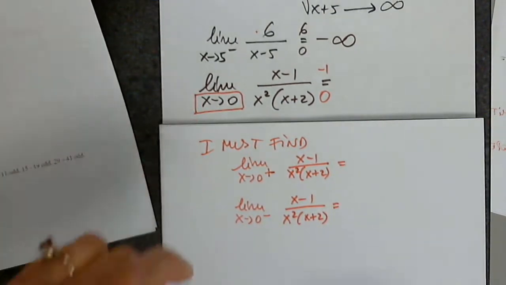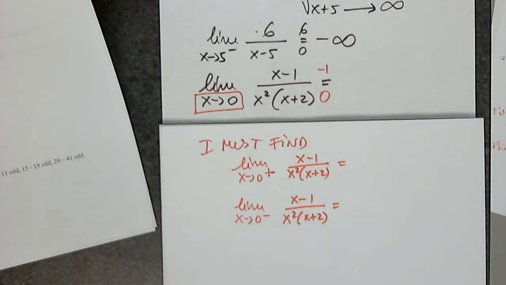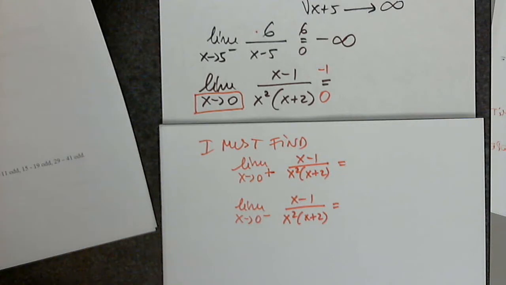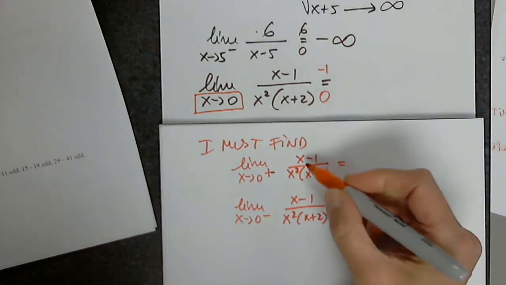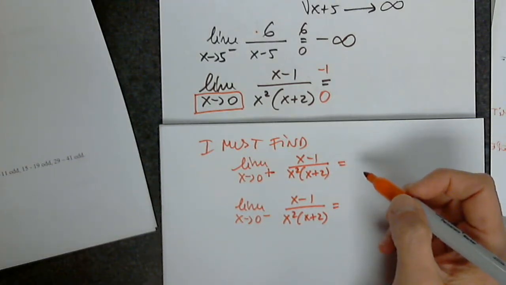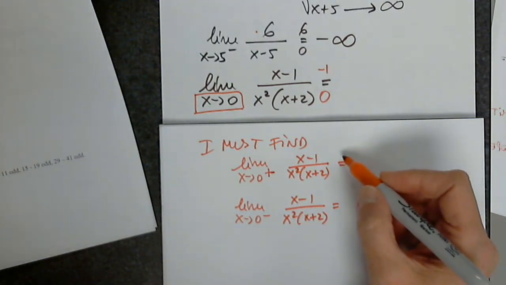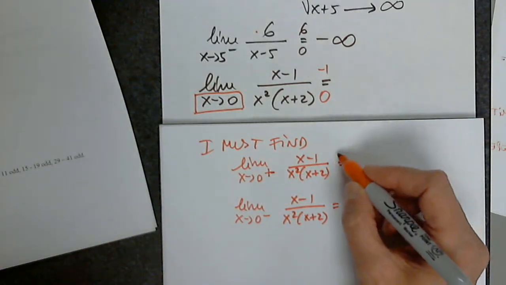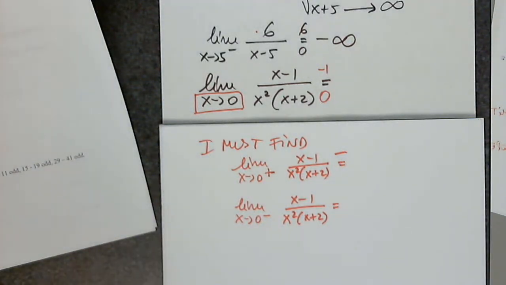Okay, so now I plug in a number from the right-hand side of 0. Very close. You cannot say 5. You have to say 0.1. What is the sign of the top when I plug in 0.1? The sign of the top is negative. 0.1 minus 1 is negative.